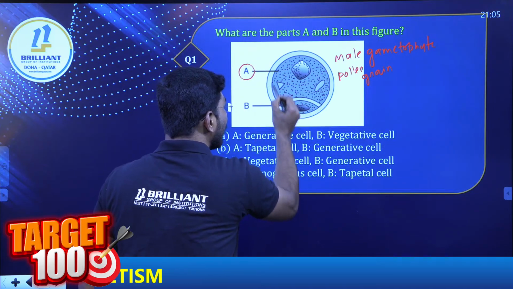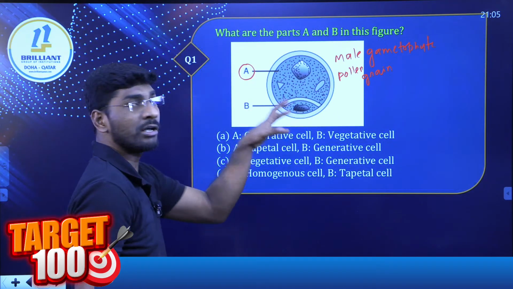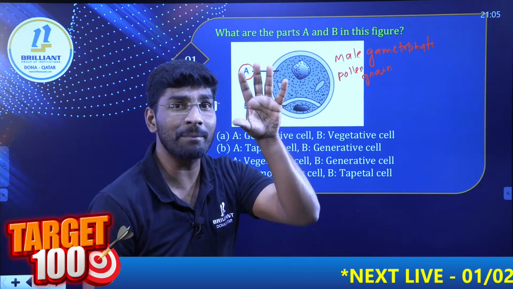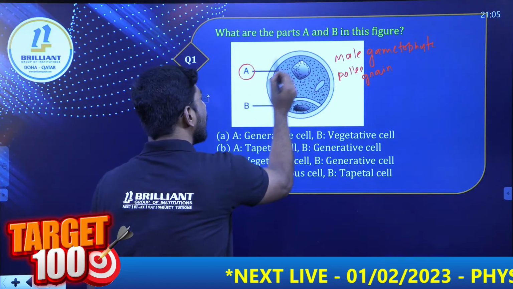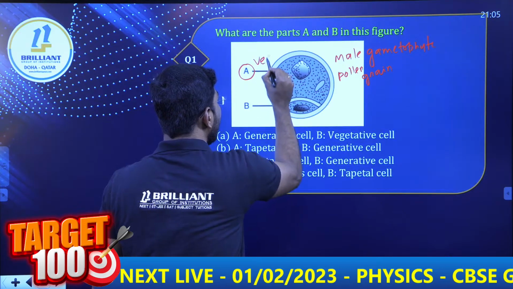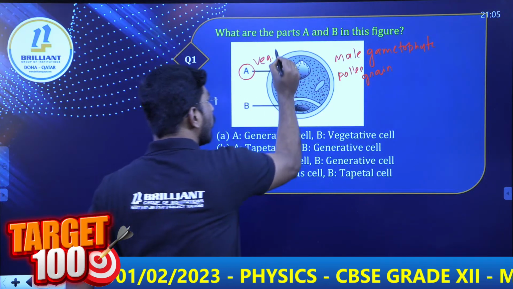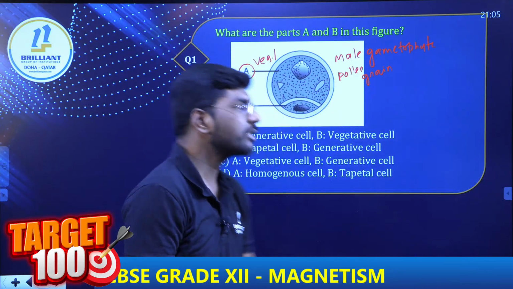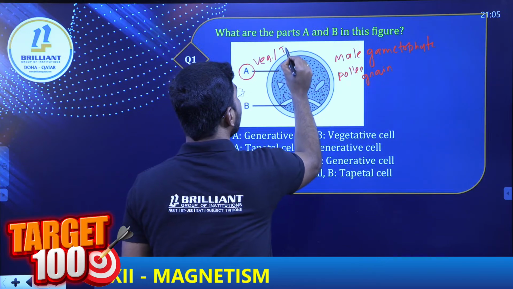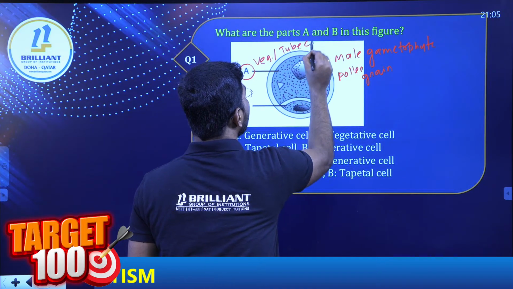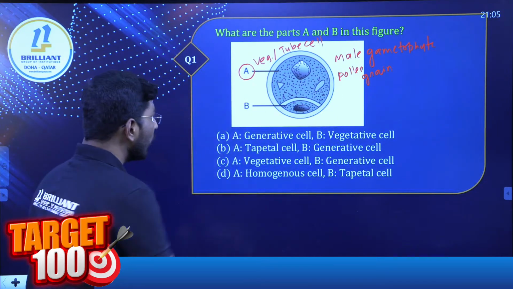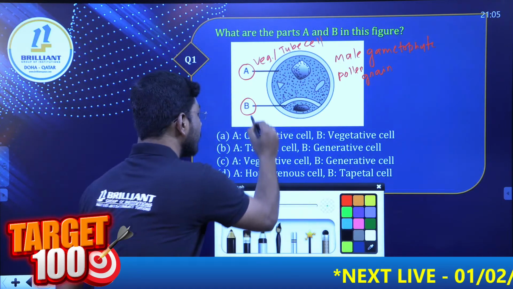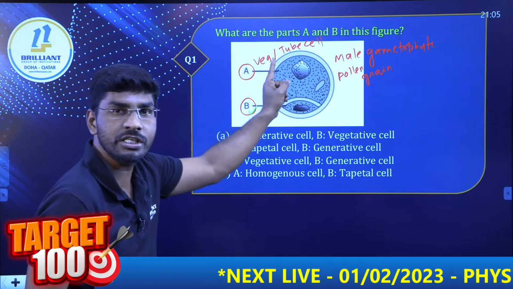The bigger cell, with an irregular nucleus and reserve food materials, is the vegetative cell, also called the tube cell. And the next cell is called the generative cell.